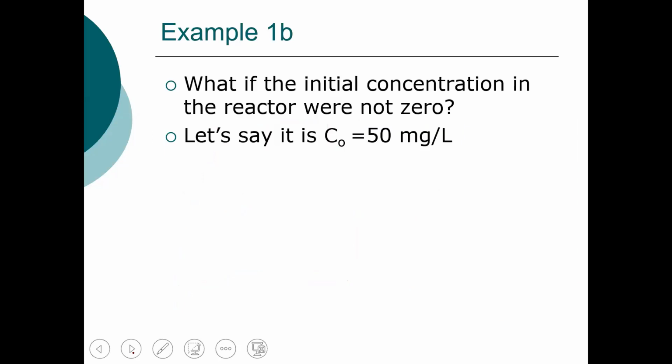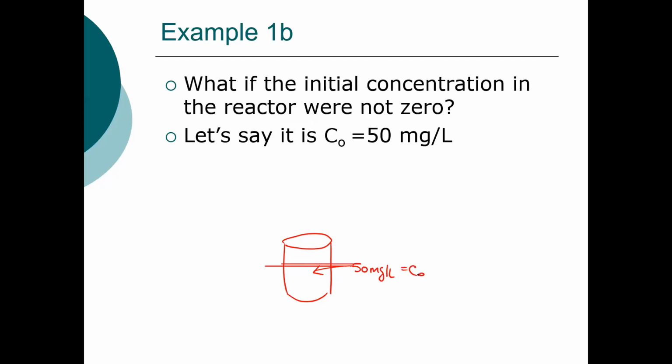Now, what if the initial concentration were not 0? Let's say it is 50 milligrams per liter. So in this case, we have a reactor. We start out with 50 milligrams per liter as C0.